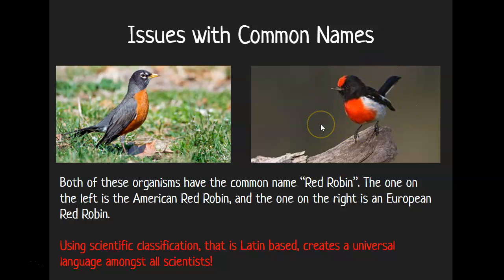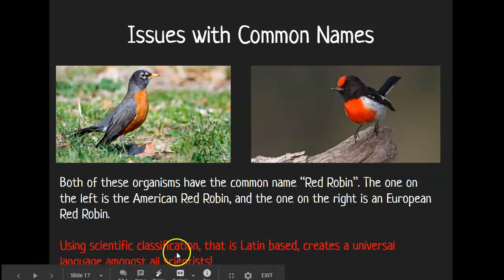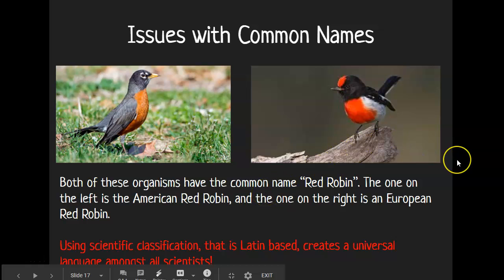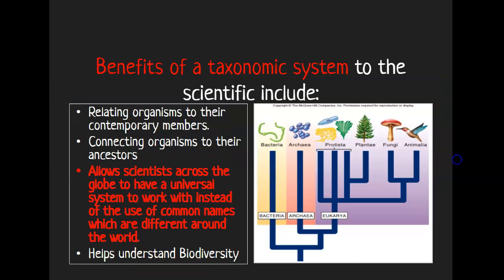So if we were trying to talk about organisms universally, we can't use their common name. Scientific classification is Latin based, so you're going to see a lot of Latin root words, and it creates a universal language amongst all scientists. That's why it's super important that we characterize and name them using taxonomy.